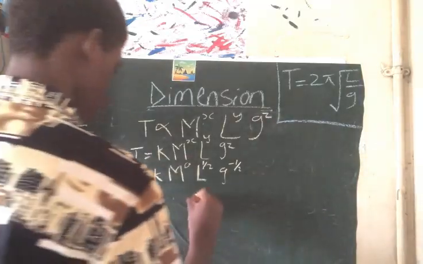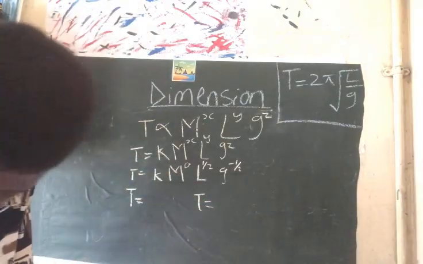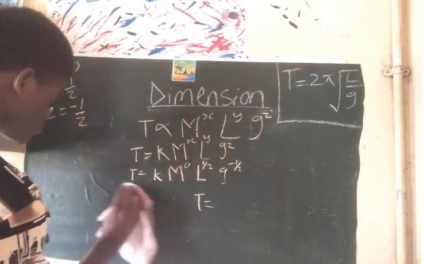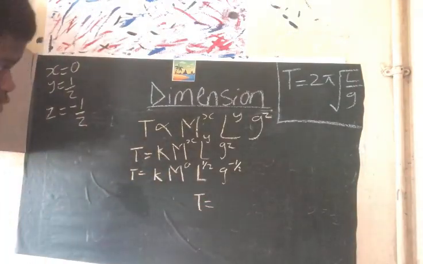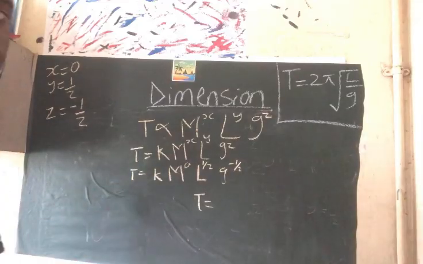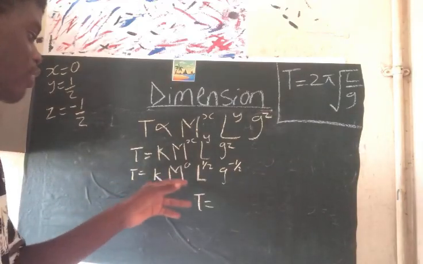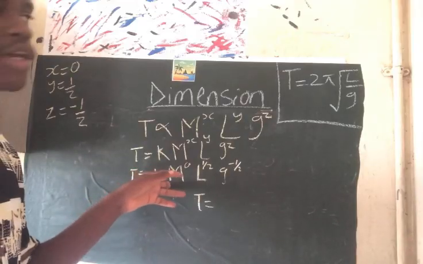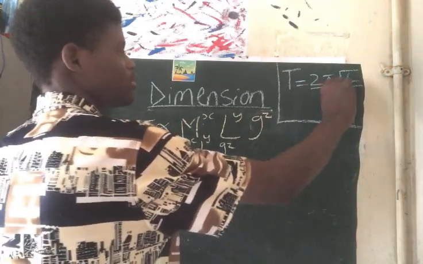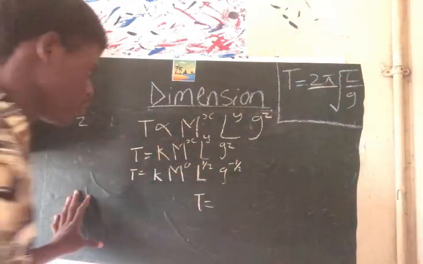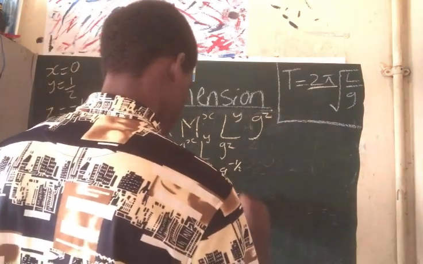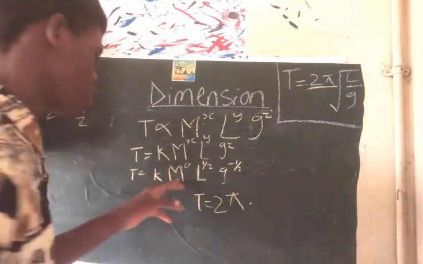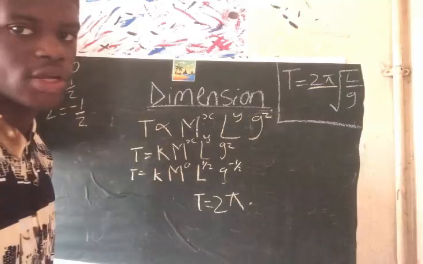So let me write here. To simplify further, this k we are looking at is a constant, and that constant is represented by 2 pi. So write it there, 2 pi times M raised to power 0 is 1. Anything raised to power 0 is 1.